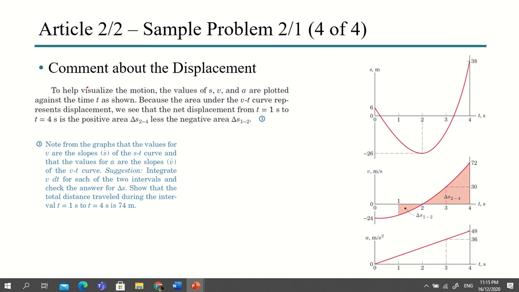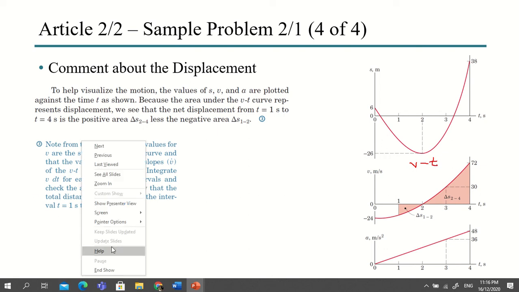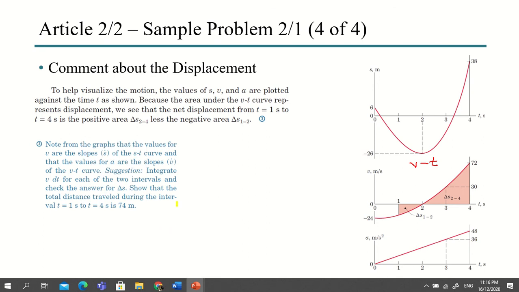We have here some comments about the displacement. To help visualize the motion, the values of s, v, and a are plotted against time as shown in this illustration. The area under the vt curve, this is our vt curve at the middle, represents the displacement.